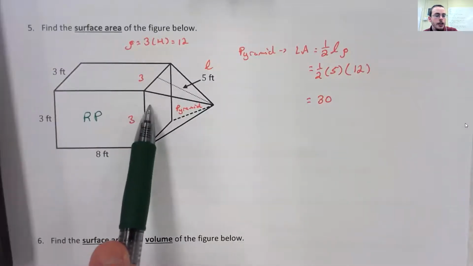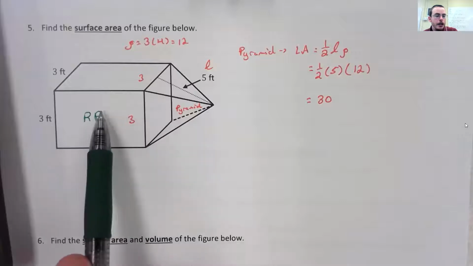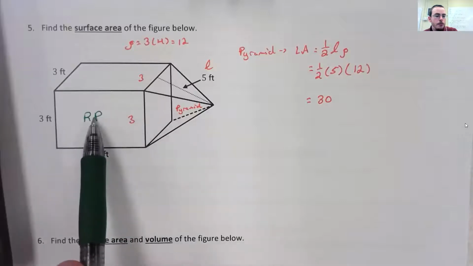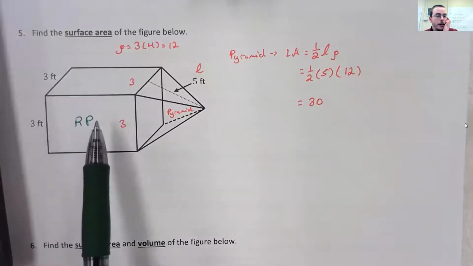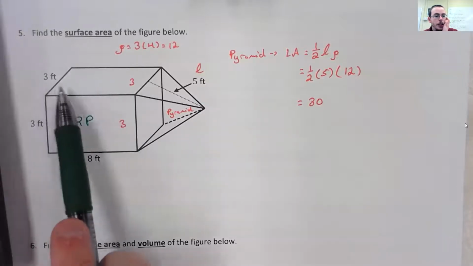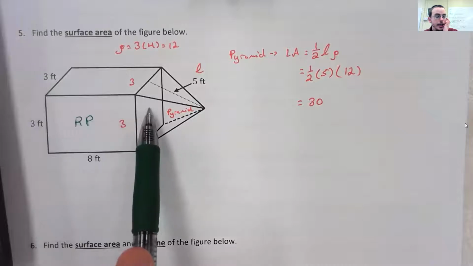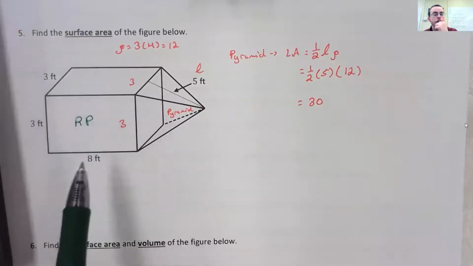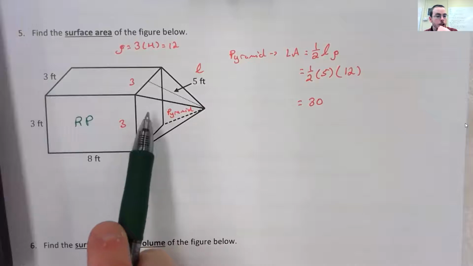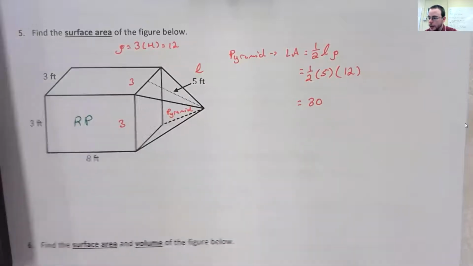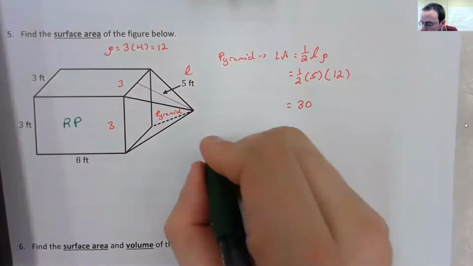So if you are trying to determine the surface area of this part of the compound object, the rectangular prism, you can't just use the whole surface area. You can use 5 of the faces, but not this one. So when we find our surface area, we need to subtract the area of this square from our surface area. And I'll show you how we're going to do that.